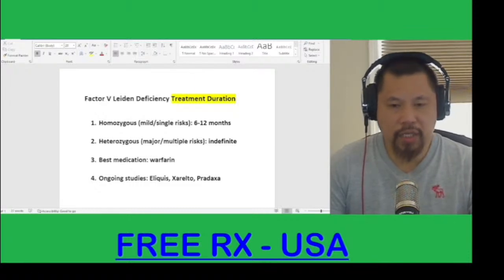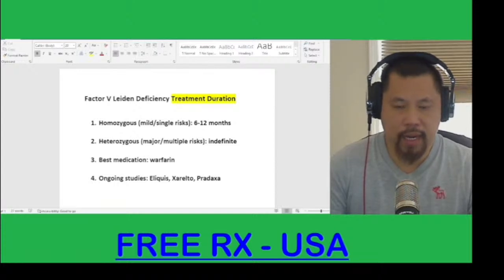The best medication for this indication is warfarin. There are ongoing studies for other medications such as Eliquis and Xarelto for this indication.